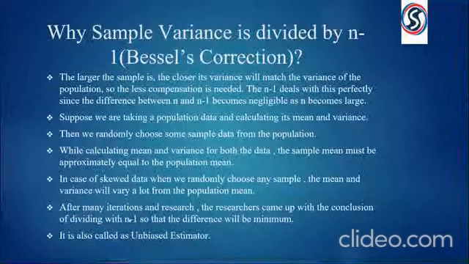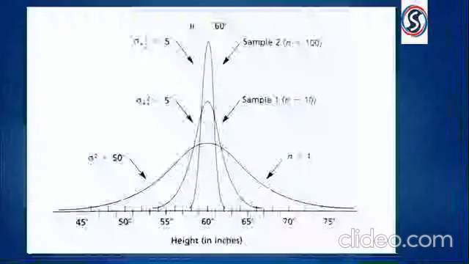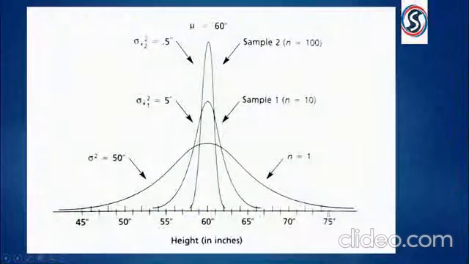Suppose we have chosen some random data from the population. When the population data increases, obviously the sample will also increase. So when the sample data increases, the difference between n and n-1 becomes very negligible.